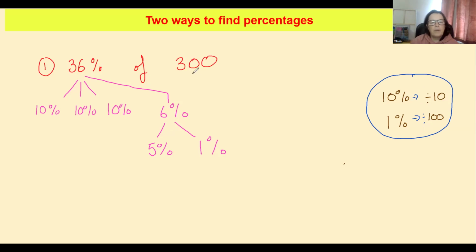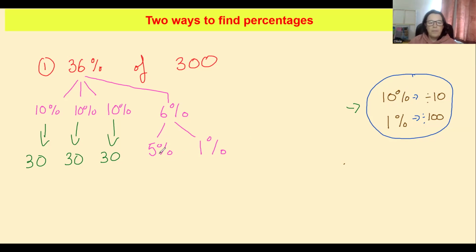10% of 300 is divide by 10, 30. 10%, 30, 10%, 30. 5%, oh, I don't have that as a memorized fact, but I don't need to. Now that I know 10% of a number I get by dividing by 10, I know 5% is half of 10%.